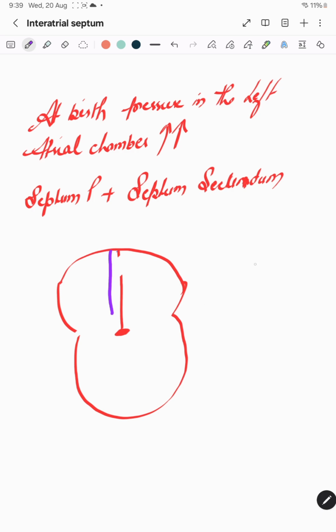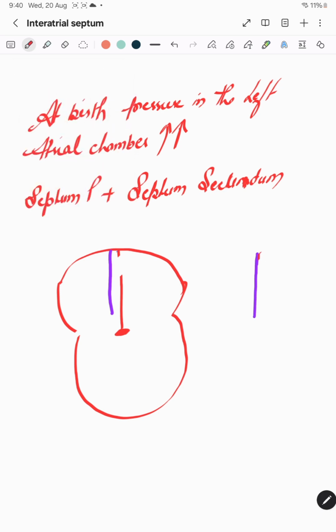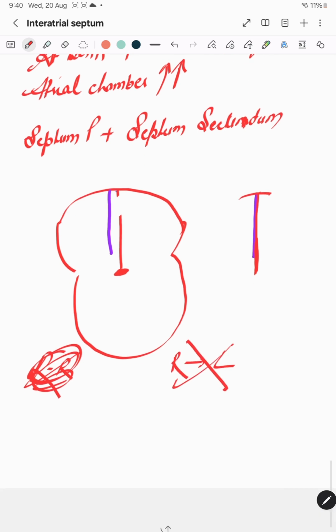Now at birth the condition will be that septum primum and septum secundum will fuse with each other. Right to left shunt will be obliterated and the left atrial chamber will receive direct blood from lungs.